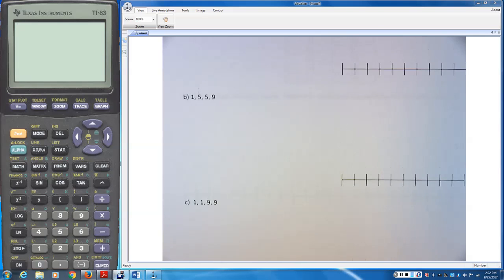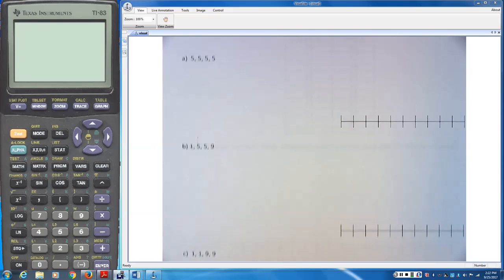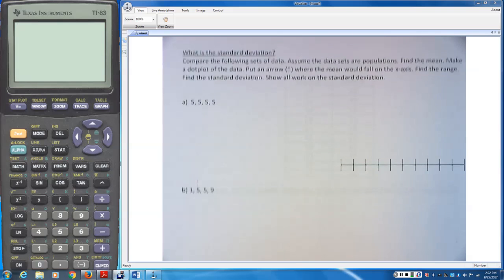Now I want to talk to you about standard deviation. And I don't want us to calculate it. What we're going to do is compare all these sets of data here. And we're going to assume the data sets are all populations.